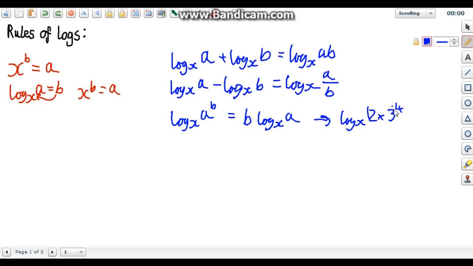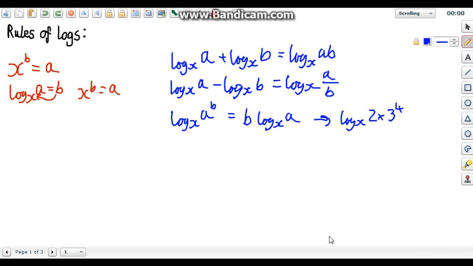If you had brackets around this, you could, but if you didn't, you would first have to use our first rule to split it up, then you could bring the 4 forward. So it's important to note the power has to be of everything that's inside that log.